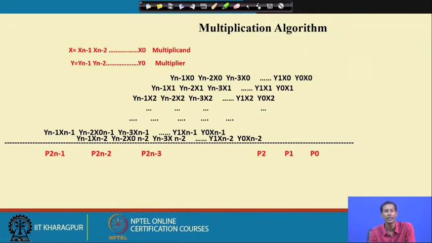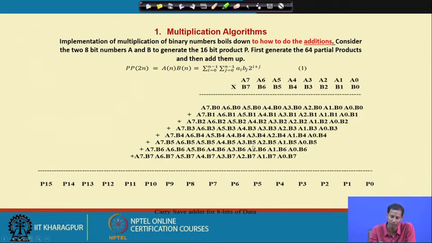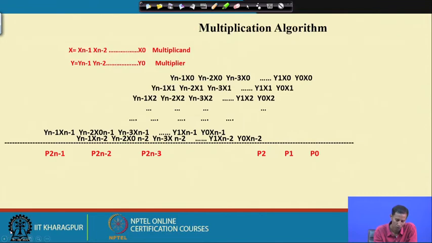So now finally, whatever numbers I get after this ANDing operation, I have to add, and finally I will get the product over here. Another thing: suppose n is 4 here.